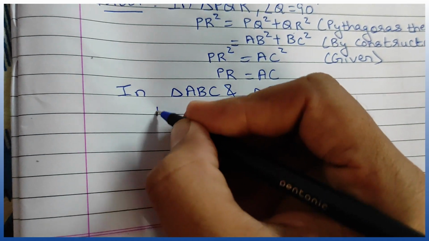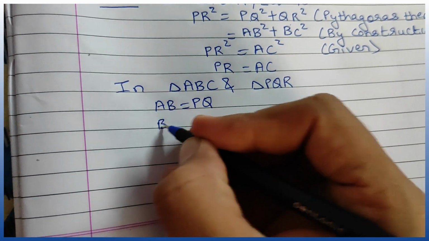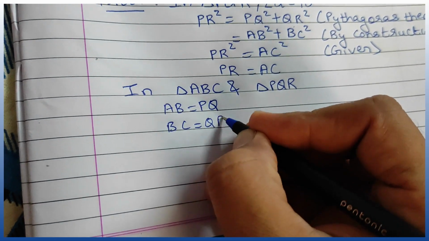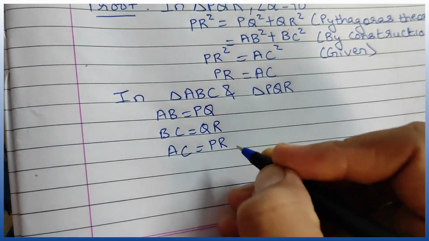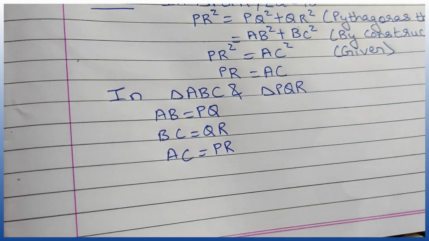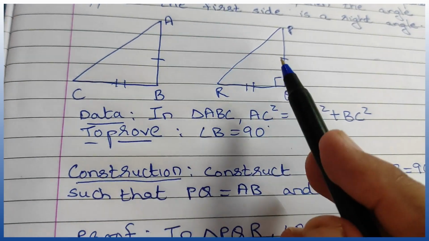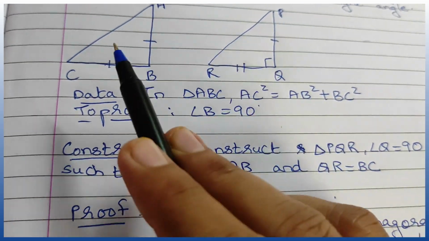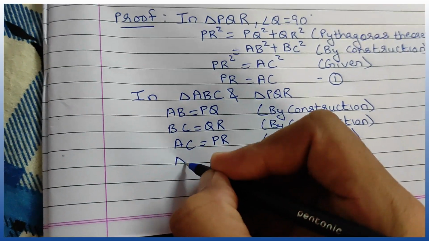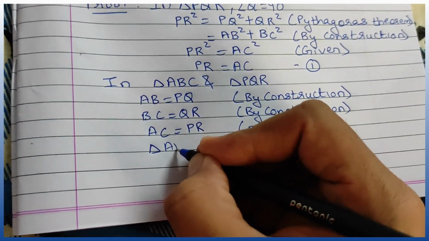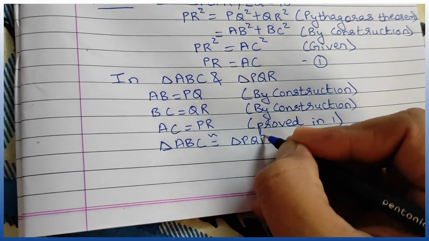So let me write it down. Because all three sides of this triangle and all three sides of this triangle are equal, we can say that triangle ABC is congruent to triangle PQR according to SSS.